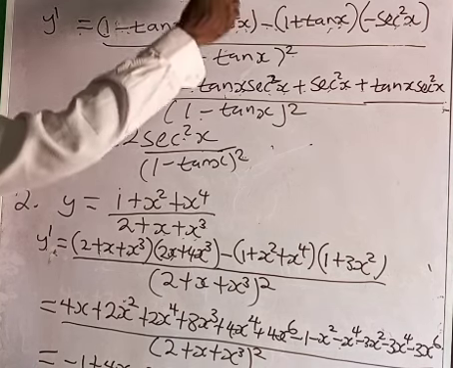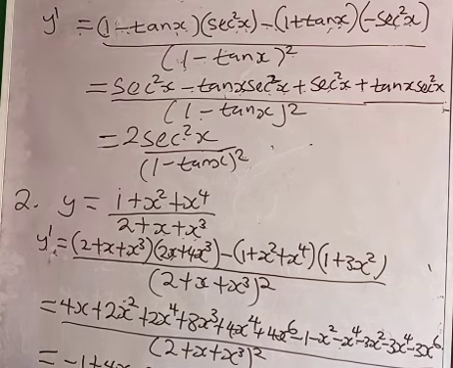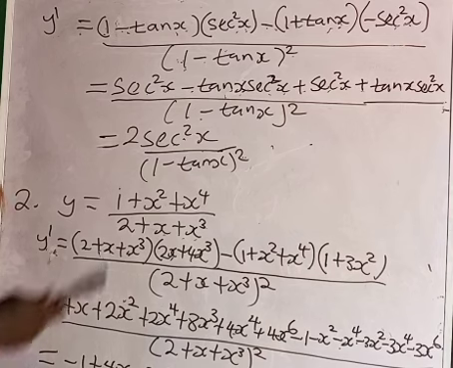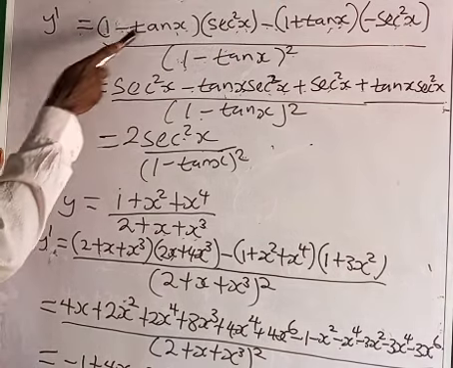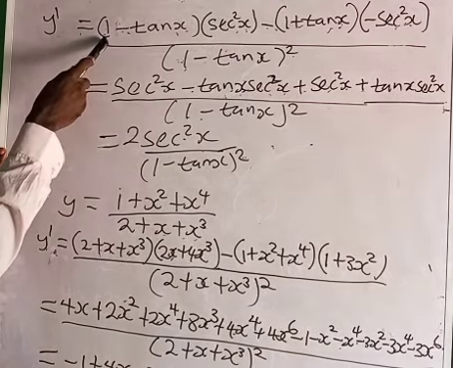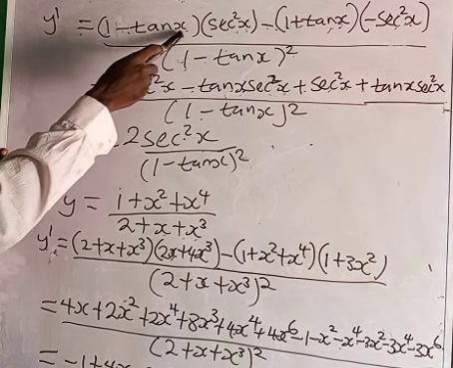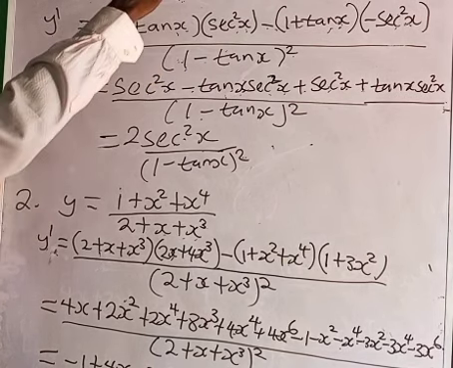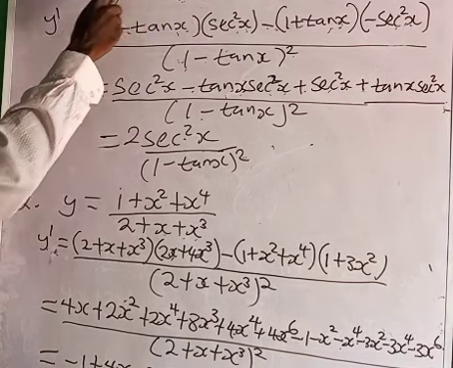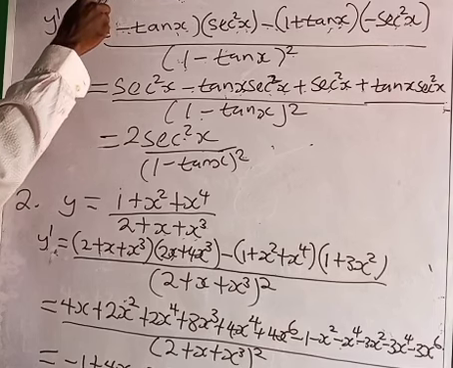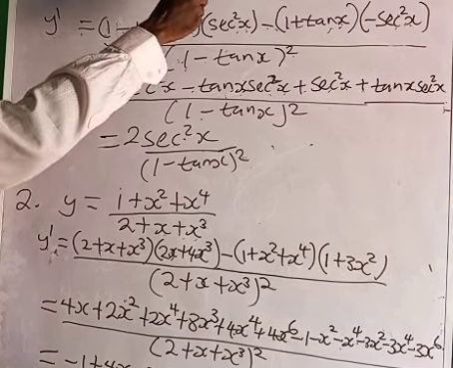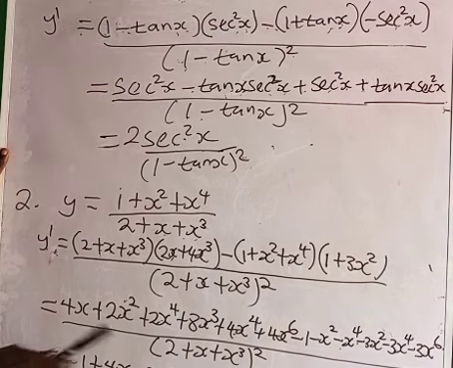Now, in trying to differentiate this quotient related problem, all you do is start with the denominator v, keep the v as constant. That is 1 minus tan x. Differentiate your numerator. Differentiating 1, which is constant, gives 0. Differentiating tan x, we have sec square x.